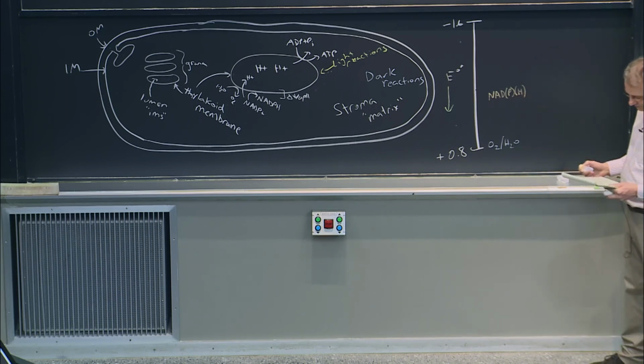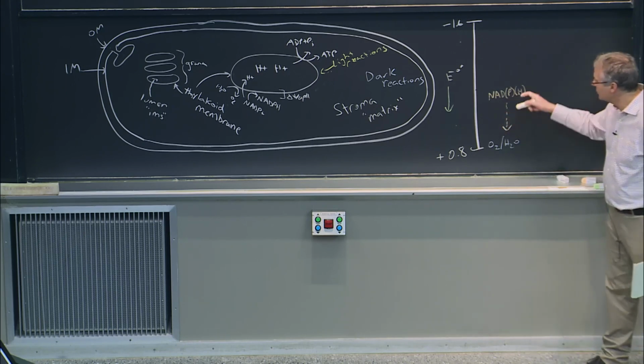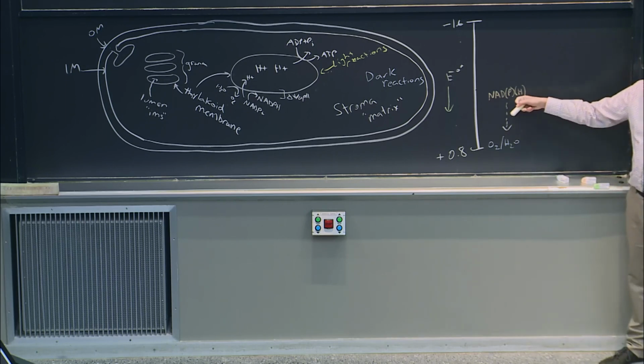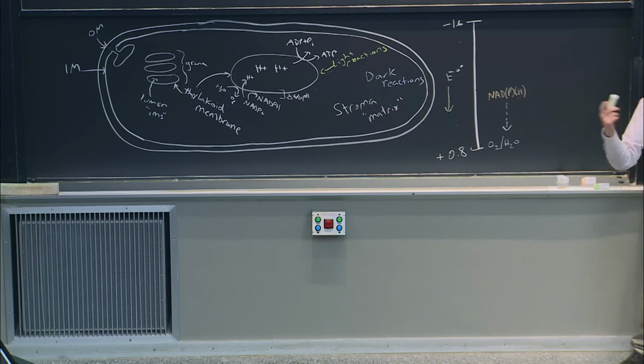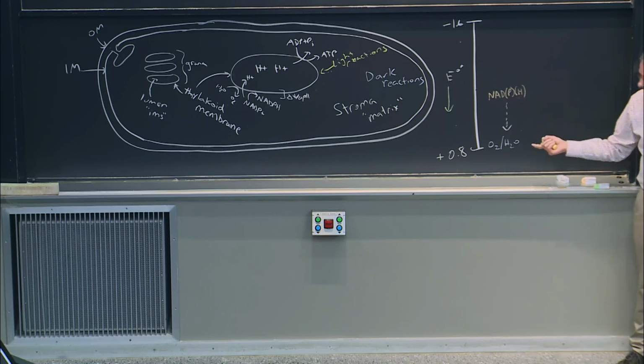It's about negative 0.32, all right? And this is why oxidative phosphorylation works, because there is a net positive change in standard reduction potential. That is, you go from a lower to a higher standard reduction potential if we do electron transport in the oxidative phosphorylation. That means energy is released as we transfer electrons from NADH to oxygen, all right? So that is favorable.